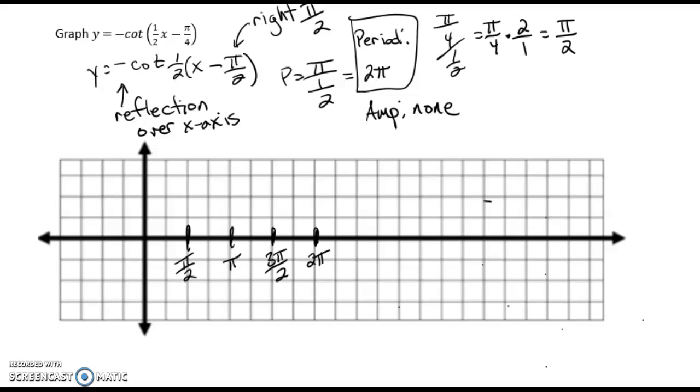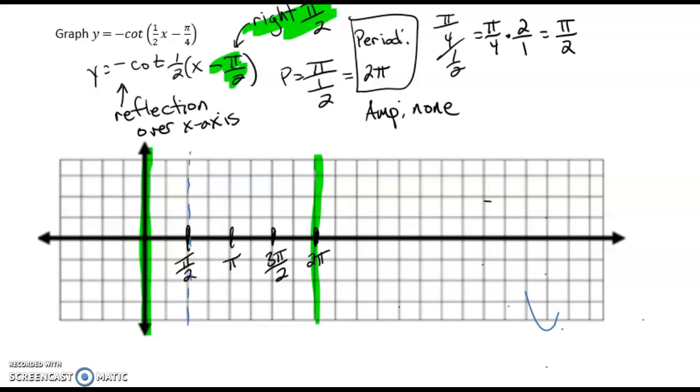Okay, and then actually, let's use a highlighter for this. So usually we have an asymptote at 0 and then at the end of the period for cotangent. But we need to shift all these right pi over 2. Let's go ahead and shift the asymptotes first. That's going to shift the asymptote right over to pi over 2.